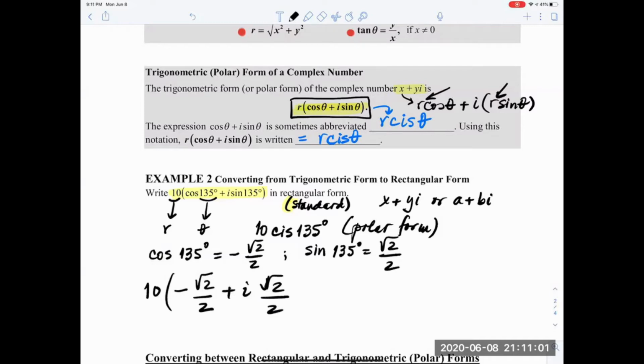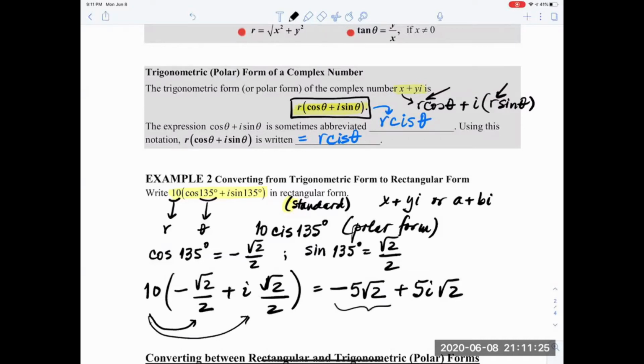Now what can I do here? I can distribute the 10. So 10 multiplies every term from the parentheses. And then you simplify: 10 divided by 2 is 5. So you get negative 5 root 2. That is your real part, plus 5i root 2. It is always preferable to put a square root at the very end. So this is the form.